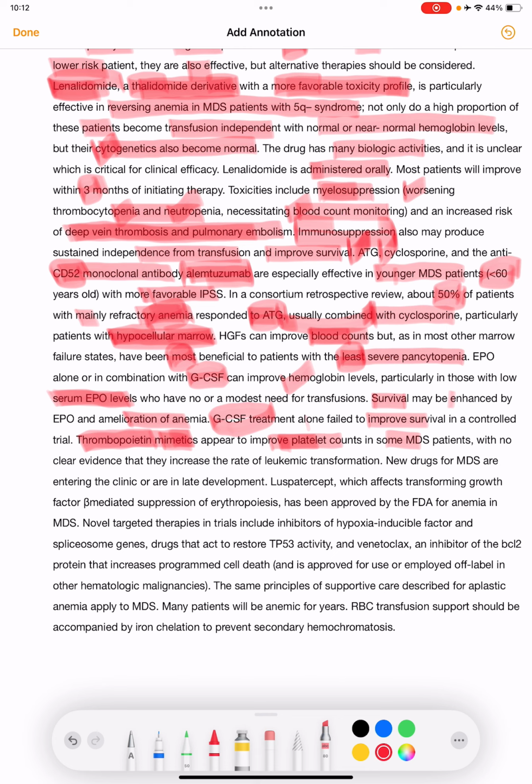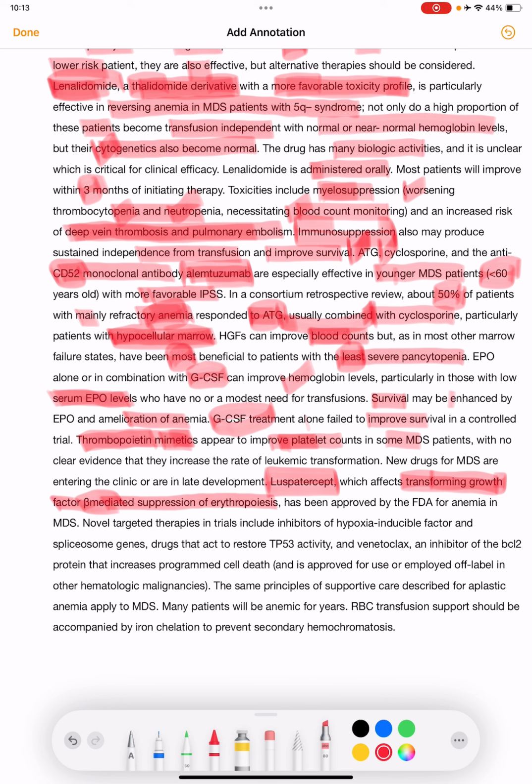Then we have luspatercept. Okay, what is this? Luspatercept affects the transforming growth factor beta mediated suppression of erythropoiesis. So luspatercept affects the transforming growth factor beta mediated suppression of erythropoiesis.